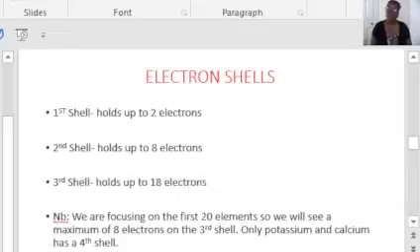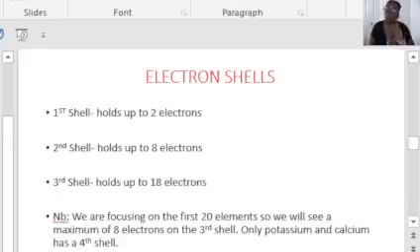So for these elements, you should see a maximum of 8 electrons on the third shell.